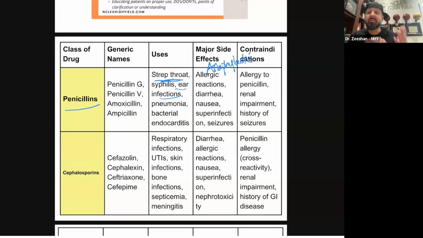It is metabolized by the kidney, so we're concerned about kidney function, which means what lab values, which you should know, BUN and creatinine, right? And then a history of seizures.